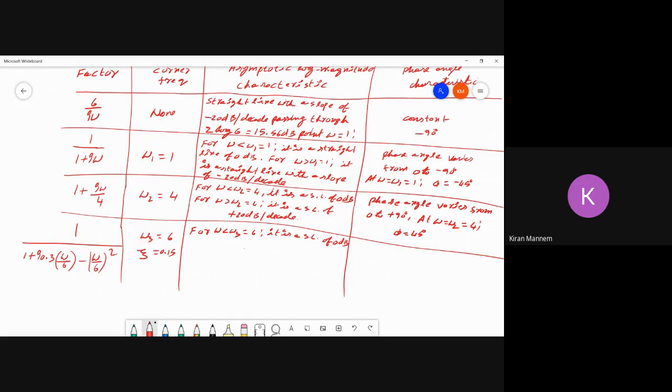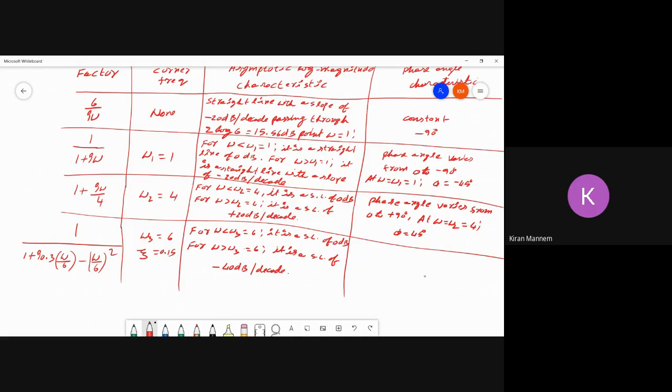You remember, these are all approximated straight lines. For omega greater than omega 3, which is equal to 6, what's the value? It is a straight line of minus 40 dB per decade.